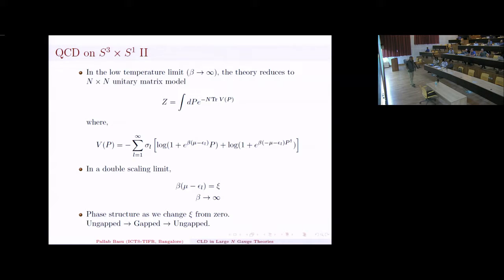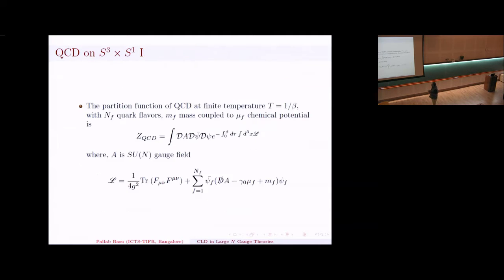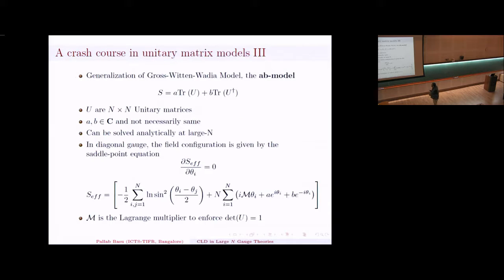As we change this parameter, we first start with an ungapped phase, it goes to a gapped phase, and then it again comes back to the ungapped phase. In this transition, both in the AB model and the other model, one can show that this M is first 0 in the ungapped phase, then it gets some expectation value in the gapped phase, and when the model again goes to the ungapped phase, M saturates to some value.